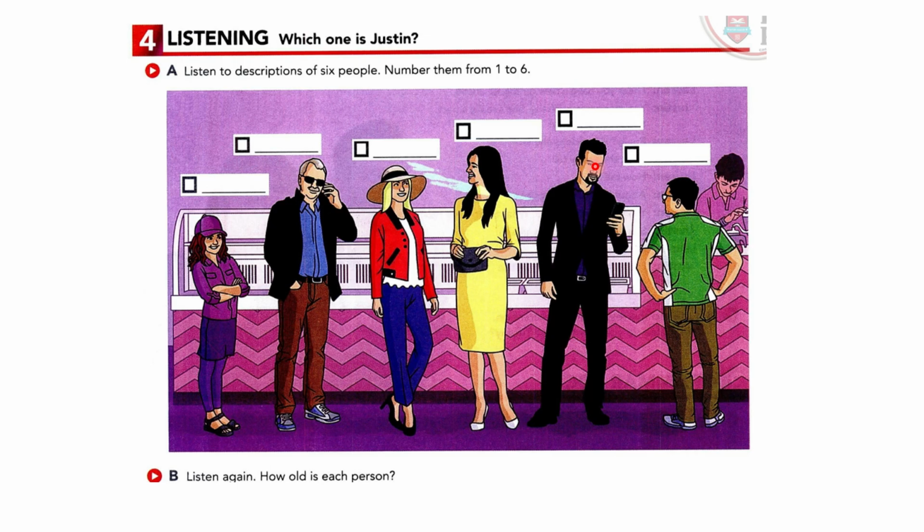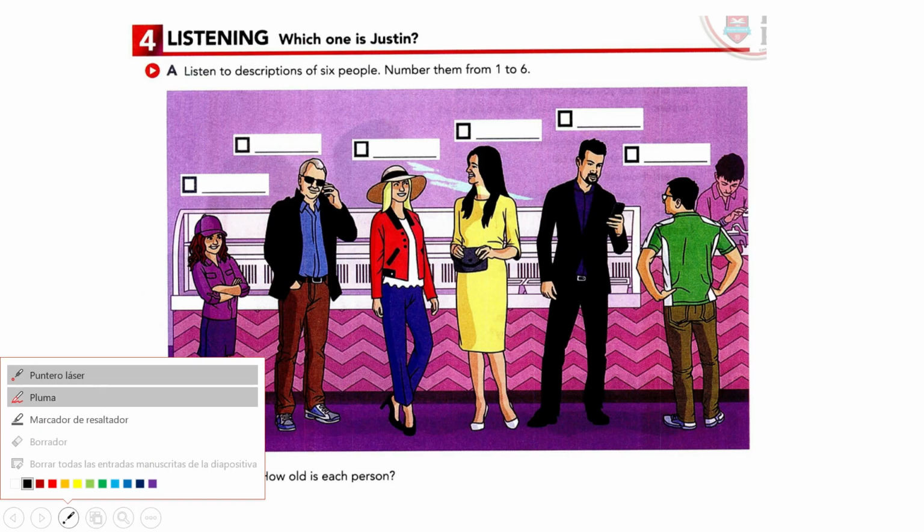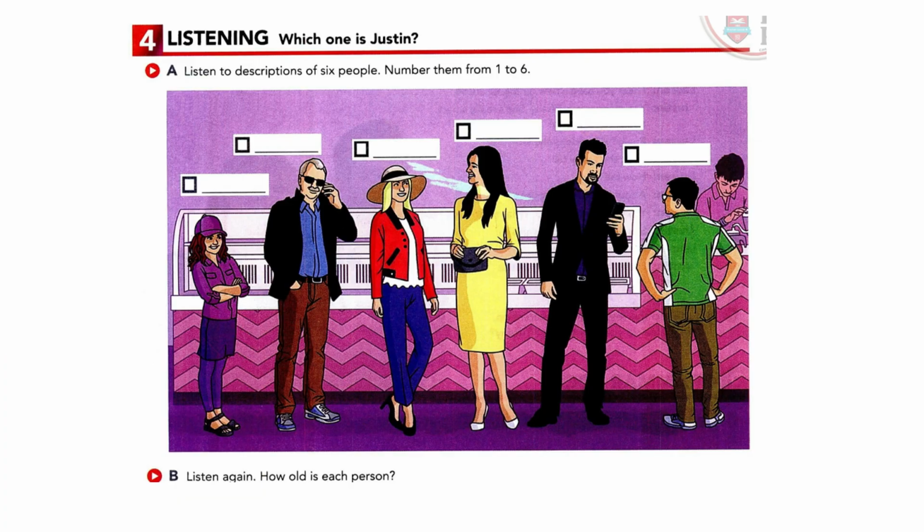Okay, so he's about 30 years old, right? He's pretty tall with dark brown hair and he has a beard. As we can see here, this is a beard. Remember, a beard. Okay, so this is number one. Let me put a number here so we don't forget. This is the first person that was described.